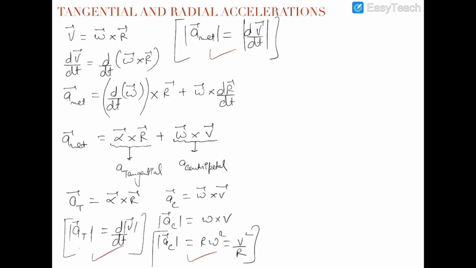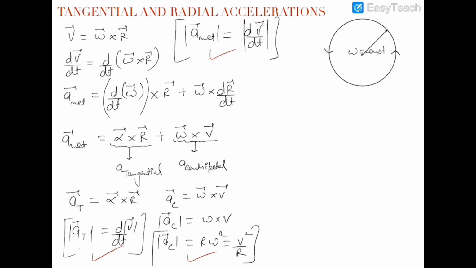Okay, now I will demonstrate that in this motion, if omega is constant, which is omega is angular speed and it is constant, then also you can see that the direction of the motion is changing constantly.